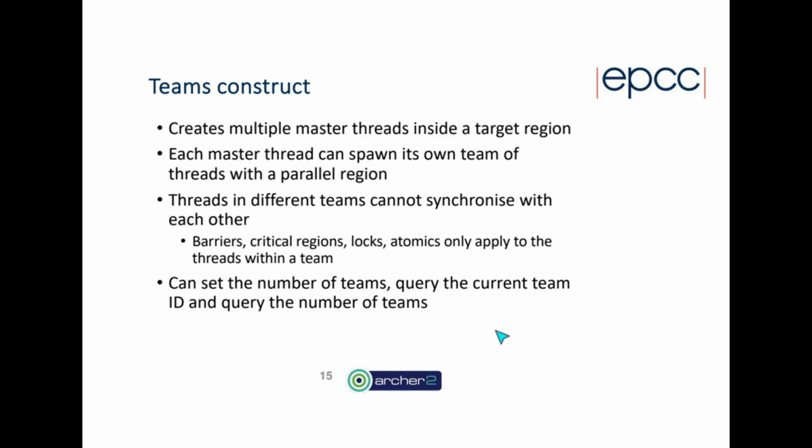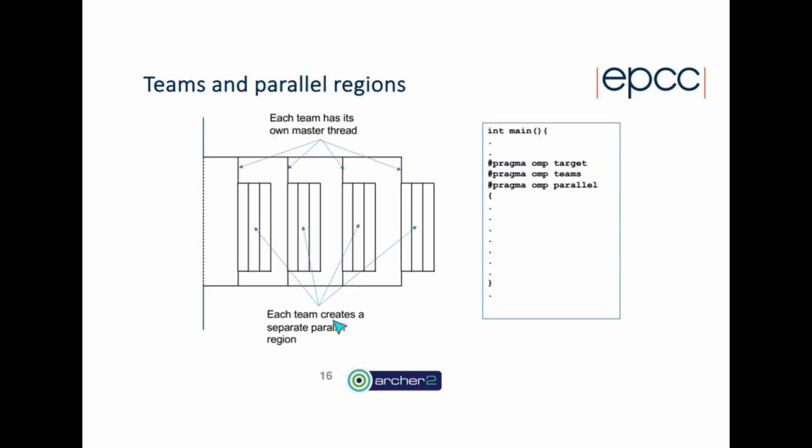You can set the number of teams, query the current team ID, and query the number of teams, for example. Just in the same way as you can set the number of threads in a parallel region, get the current thread ID, and query the number of threads in the team. Okay. So basically, you have this hierarchical organization here.